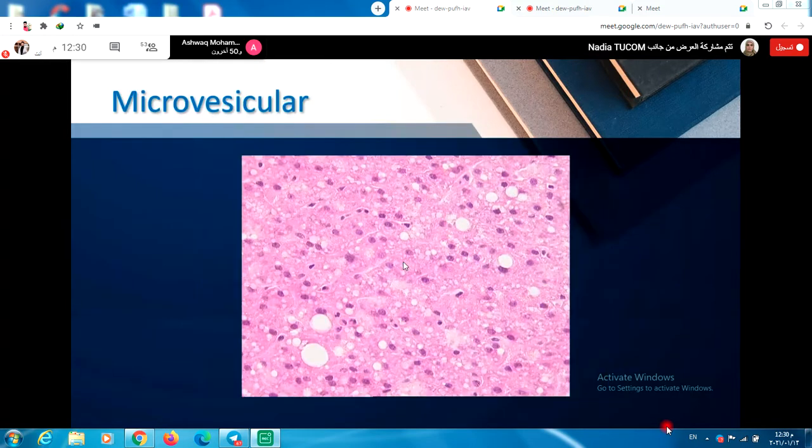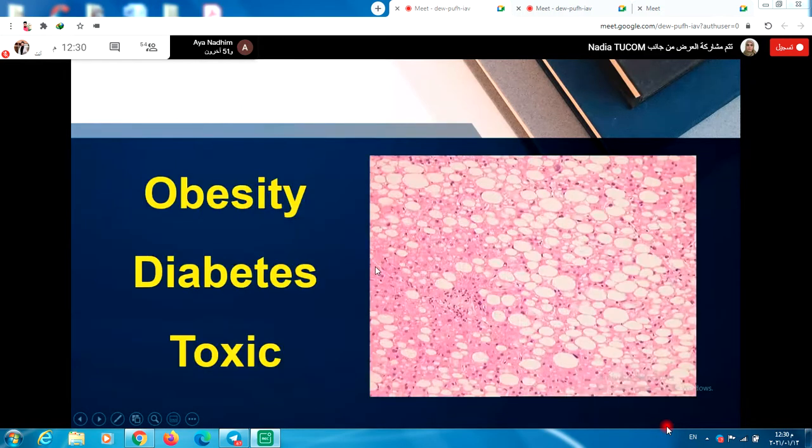Okay. As we said, microvesicular, small vesicles within the cytoplasm, and macrovesicular. And be careful, these are the three main causes of fatty change or steatosis. It can be silent, and the main causes are three: obesity, diabetes, and toxic.